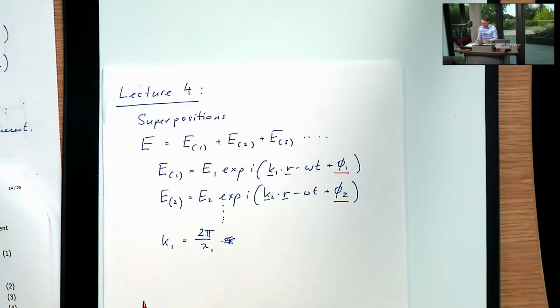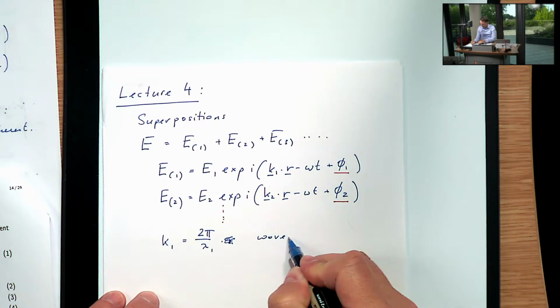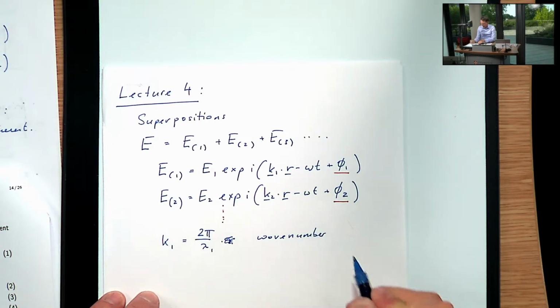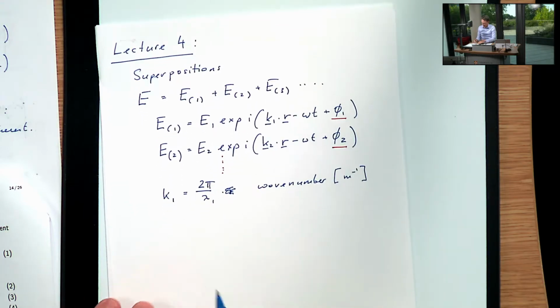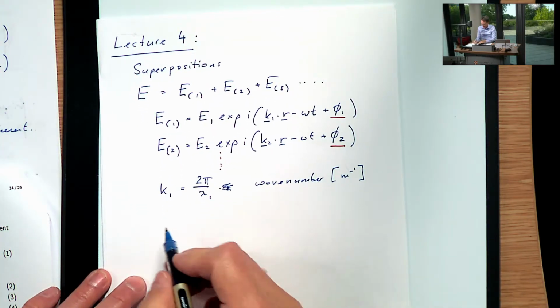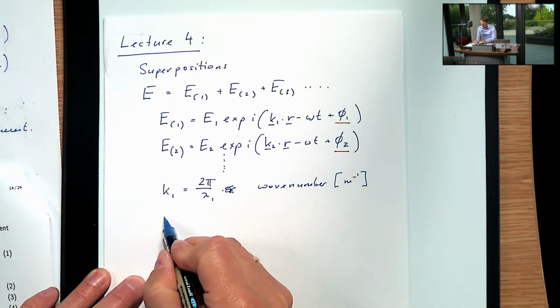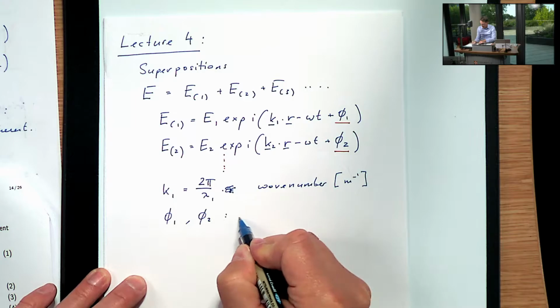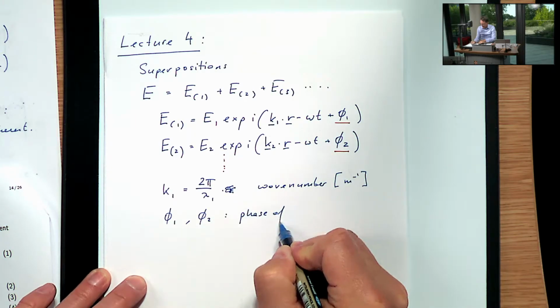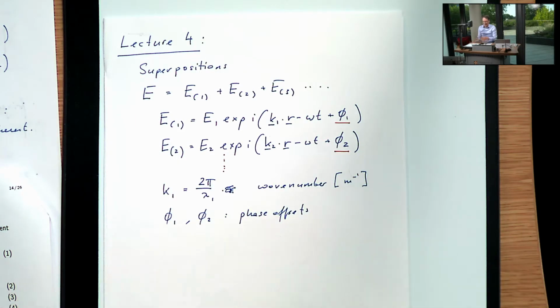So this is the wave number. That's units per meter. How quickly it changes per meter in space. And phi 1 and phi 2 are phase offsets. So this allows for the fact that the starting phases of the light waves may be shifted in space.